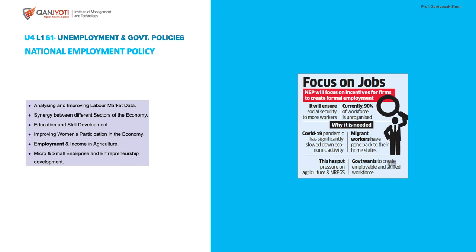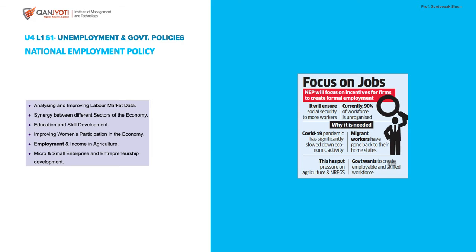Now, with the pandemic coming, recently the National Education Policy has a new focus, and they have started giving incentives for firms who are creating formal employment. That will be good for social security for the workers. At present, 90% of the workforce is working in the unorganized sector. We'll look at what is the organized and unorganized sector.